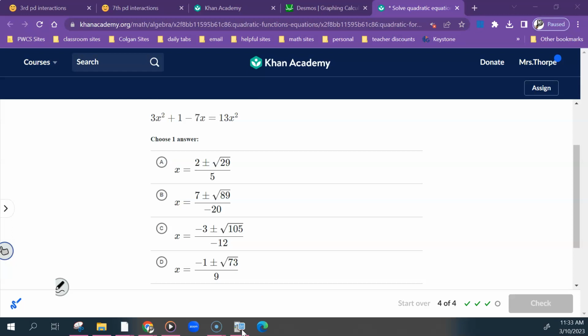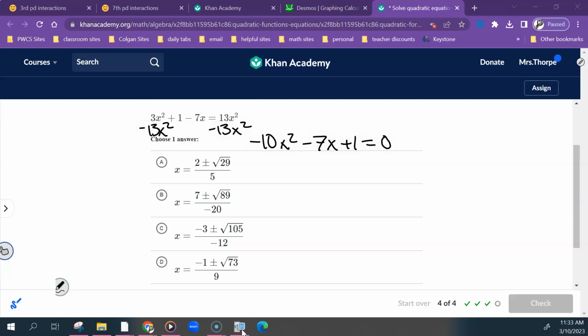So let's do this one, and then I'll go back and figure out why that one wasn't working. So if we were to do this one, we'd still have to get all of the x squares on the same side.